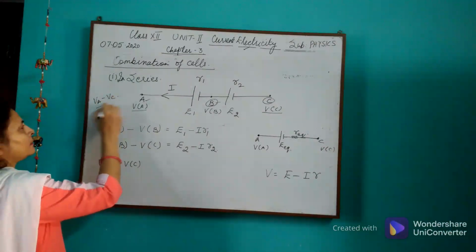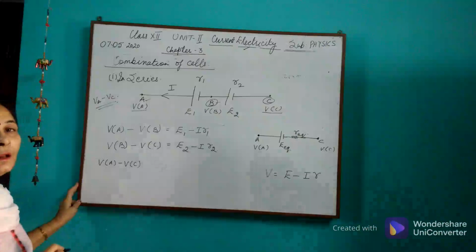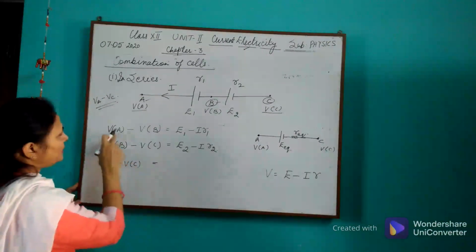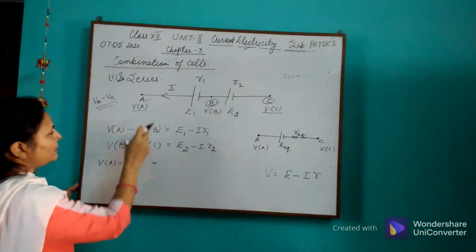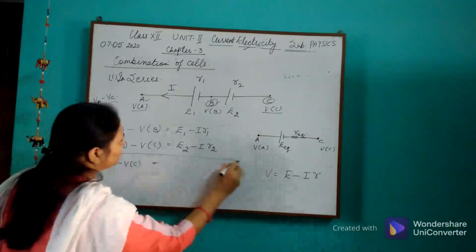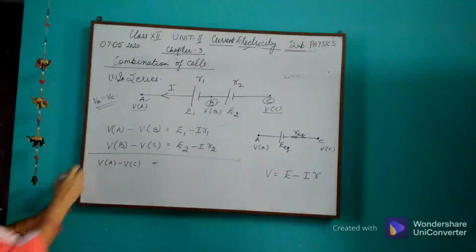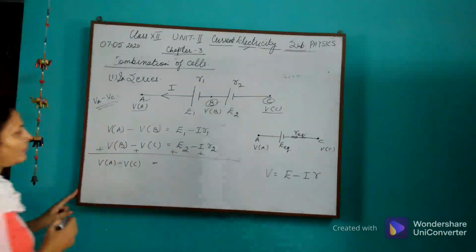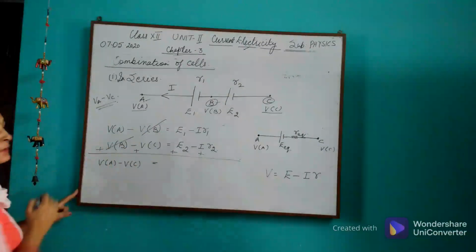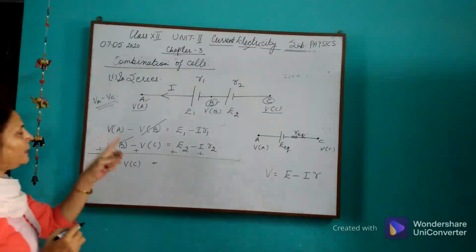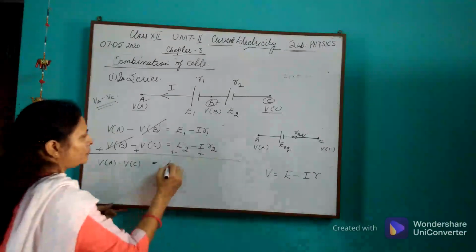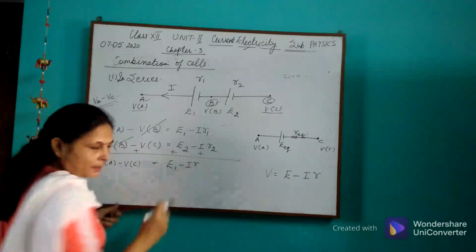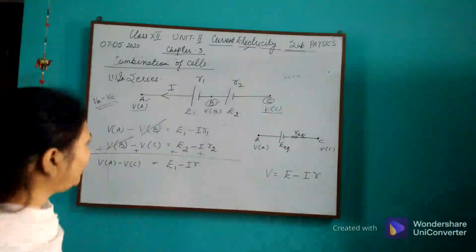So VA minus VC you can calculate by just adding these two. This VB and VB will cancel out.